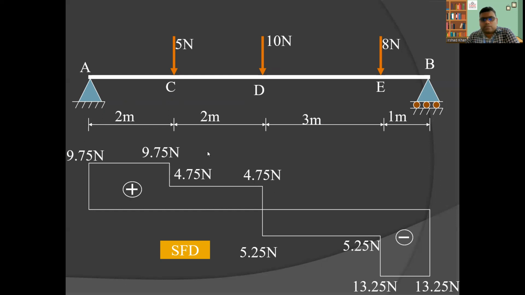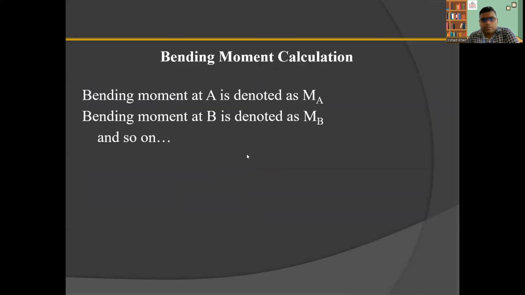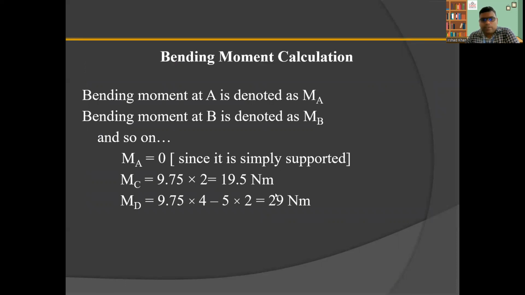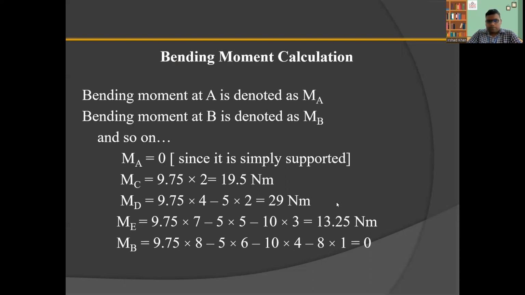So let's calculate it. Here the value is 29 kilonewton meter, and at point E we can calculate the same way using the sign conventions of the bending moment.